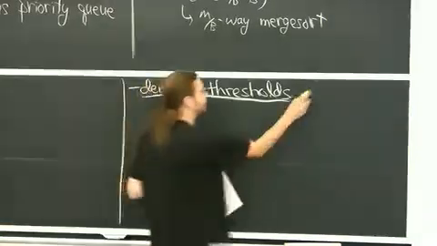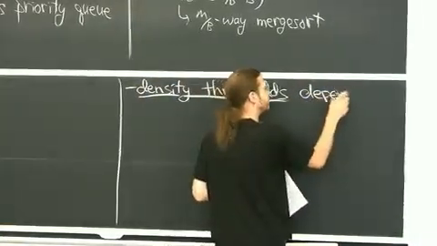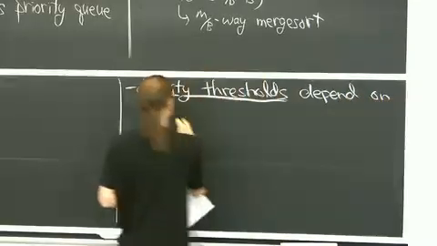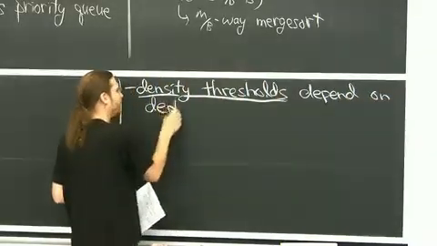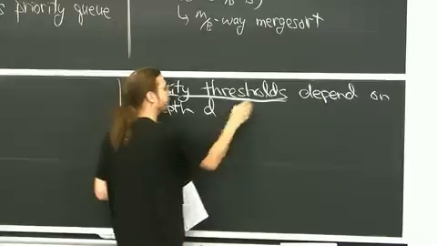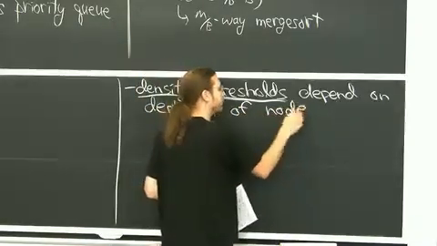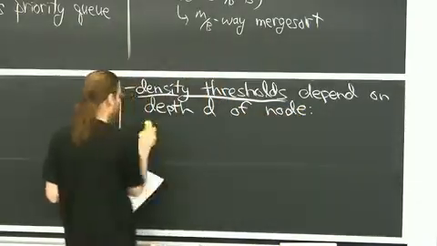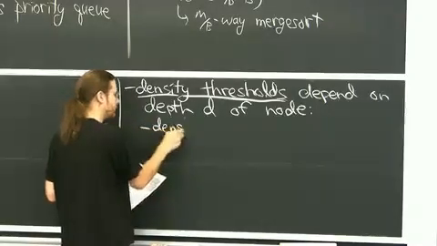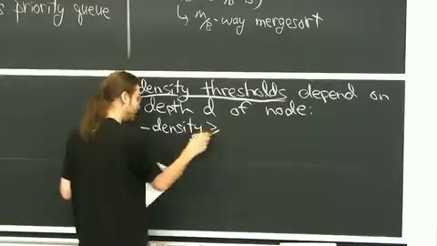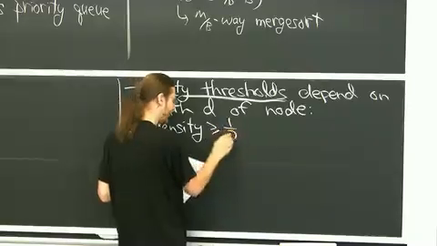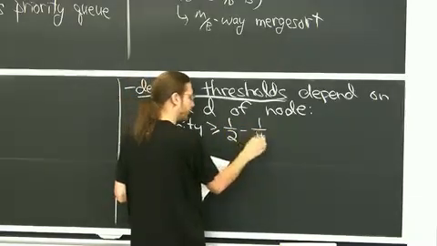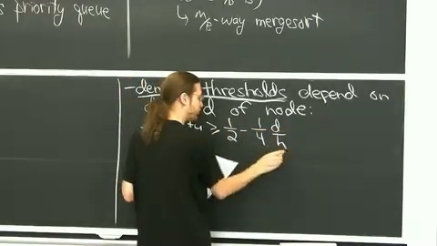So, in general, if we have a node of depth d, then we want the density to be at least 1/2 minus 1/4 d over h.